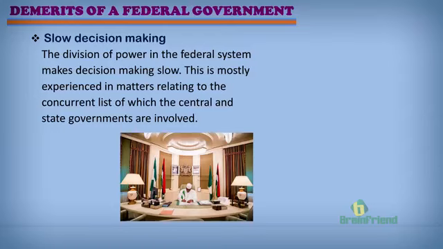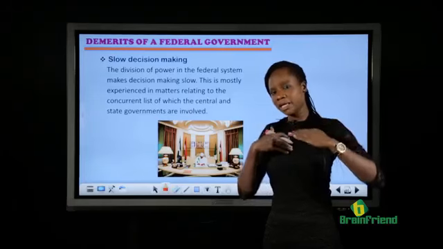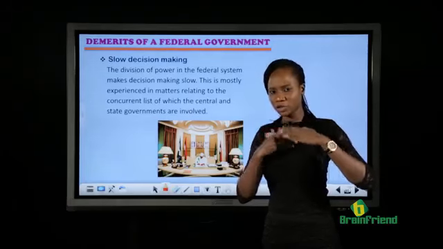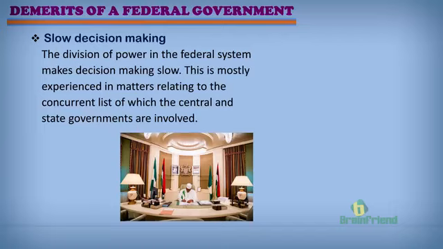Now, slow decision-making. In a system of government whereby federalism is being practiced, you find out that making decisions could actually take a longer time than in a situation whereby you have only the central government. Now it is seen or experienced more in matters relating to the concurrent list.